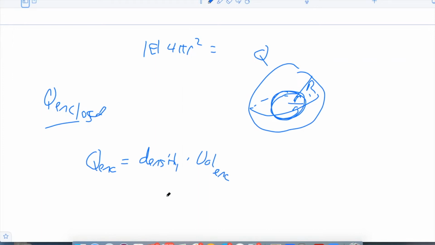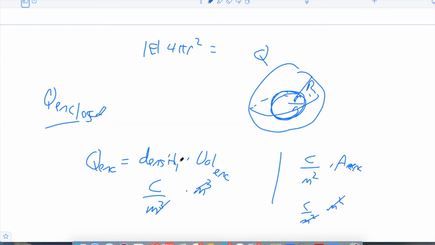In this case, I have a three-dimensional volume, so this will be coulombs per cubic meter, density, times volume in cubic meters. You'll have other problems later where our density will be coulombs per square meter, and by volume enclosed, I really mean area enclosed, in square meters. See, these will always cancel out to give you charge.